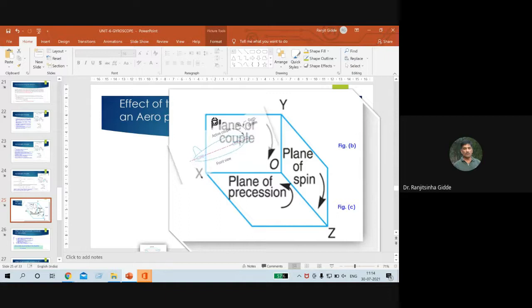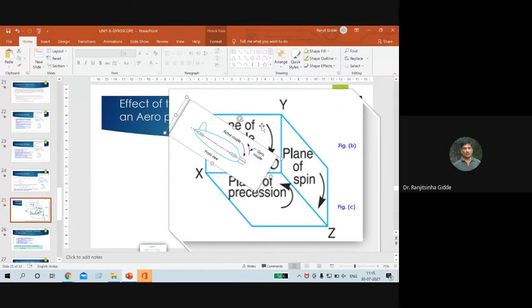Whatever I am displaying, we are observing in this plane. So we are observing in this plane, and this plane we are going to call a plane of couple.